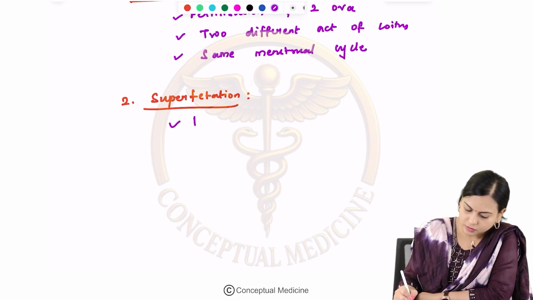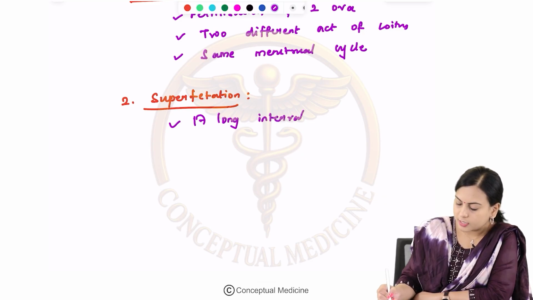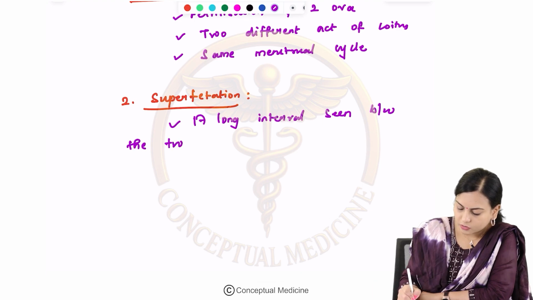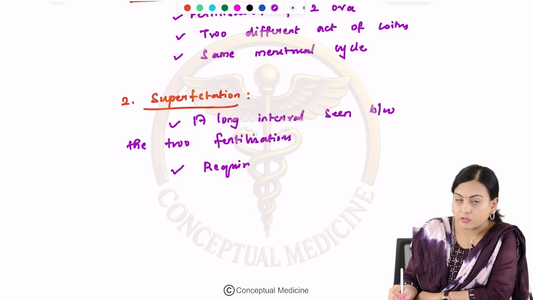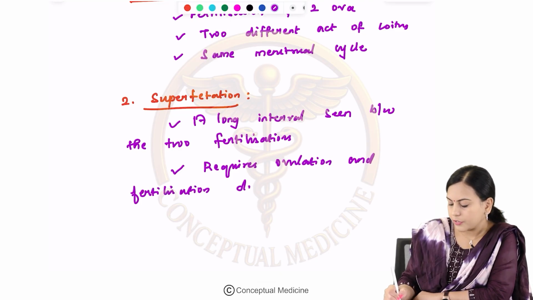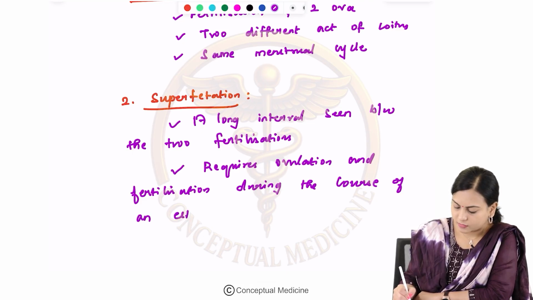So, a long interval seen between the 2 fertilizations, and it requires ovulation and fertilization during the course of an established pregnancy, right?